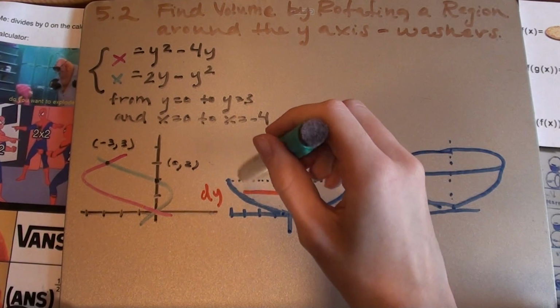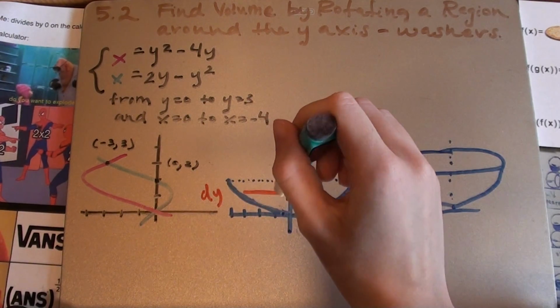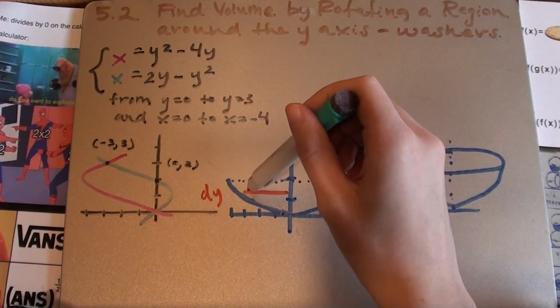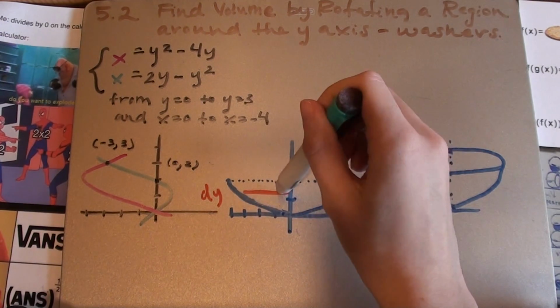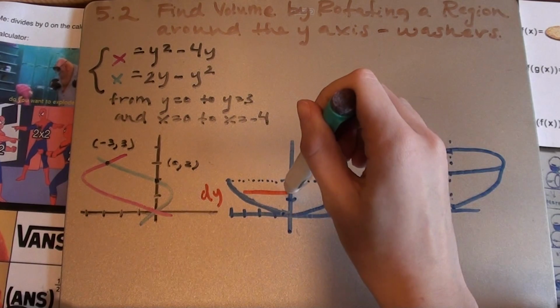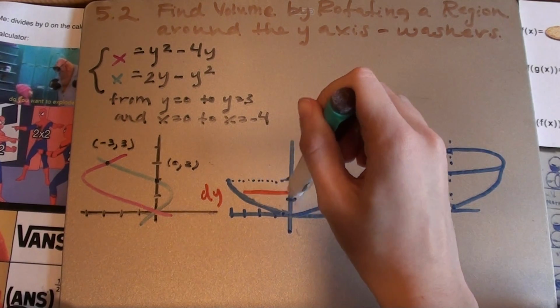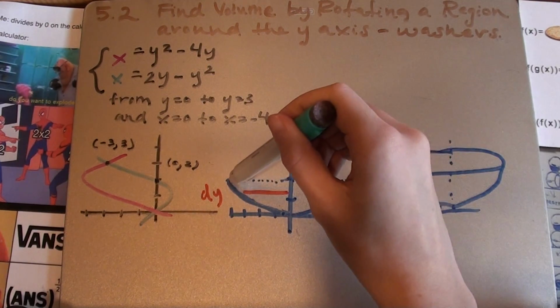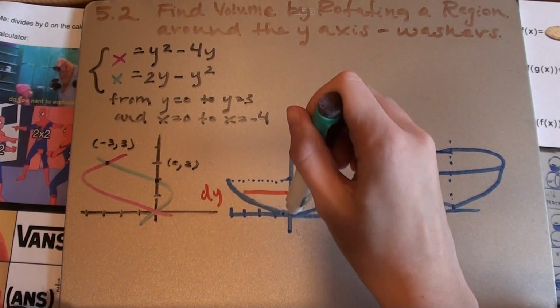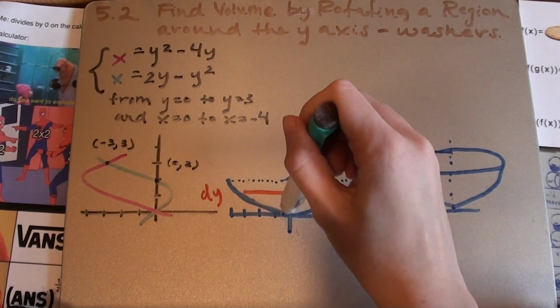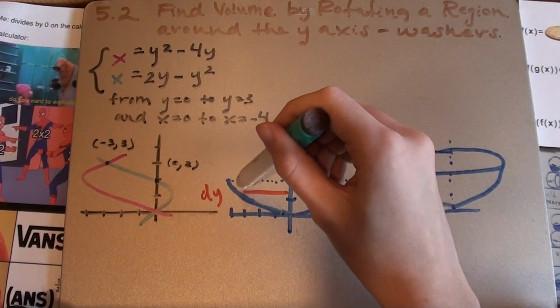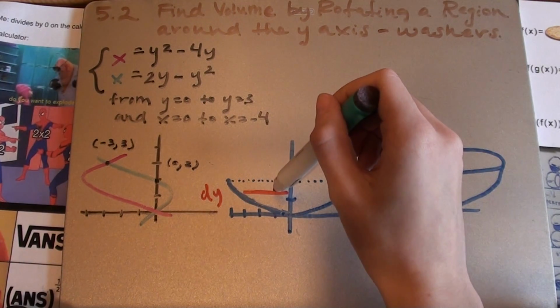And then we know that we have a width, so to find the area of the rectangle, we would find the length of it, which is defined by our function. So it's longer up here than it is down here. We're going to have a longer rectangle up here because the function expands out, where down here it tapers in. So we know that our function defines the length of our rectangle.